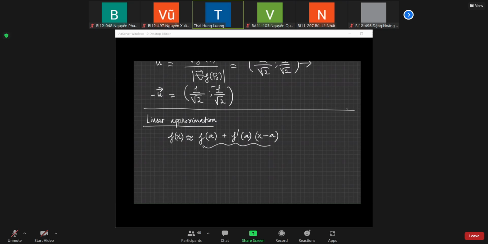For the multivariable function, we also have a very similar approximation using the gradient vector instead of the derivative. So for example, for a two-variable function, you can approximate the value of the function f at the point (x, y), which is close to the point (a, b), by using this formula.